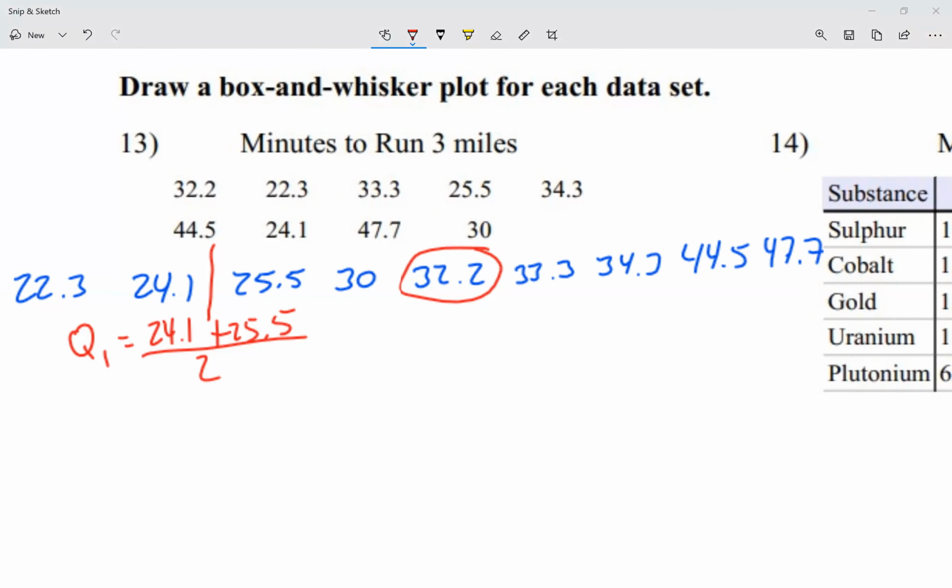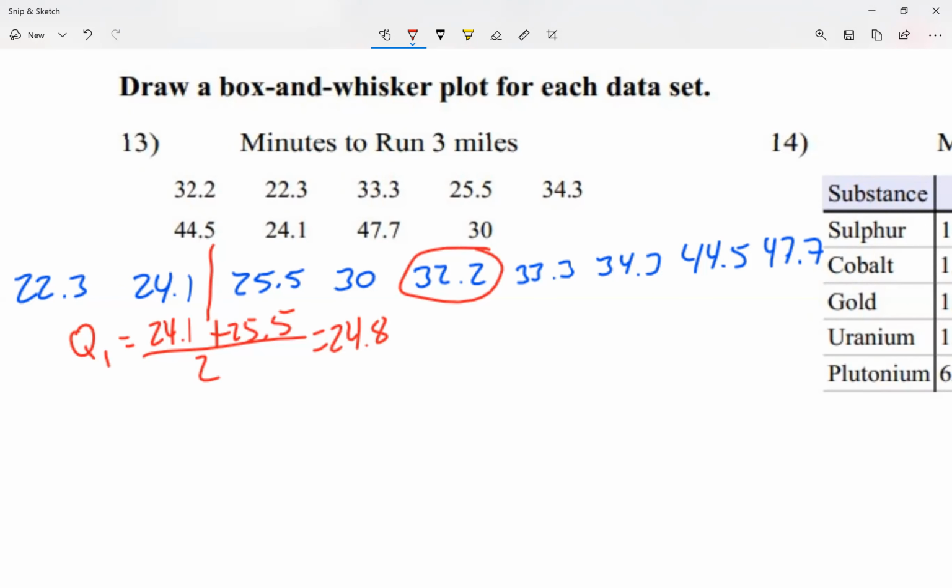Let me use a calculator here at the side. It tells me 24.8. So my lower quartile is 24.8.